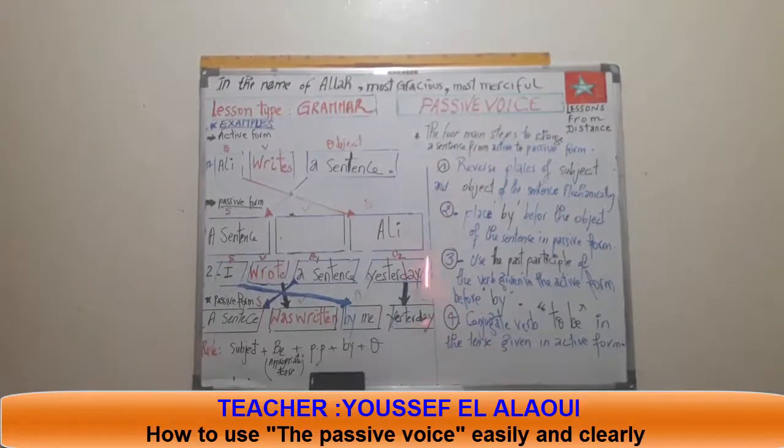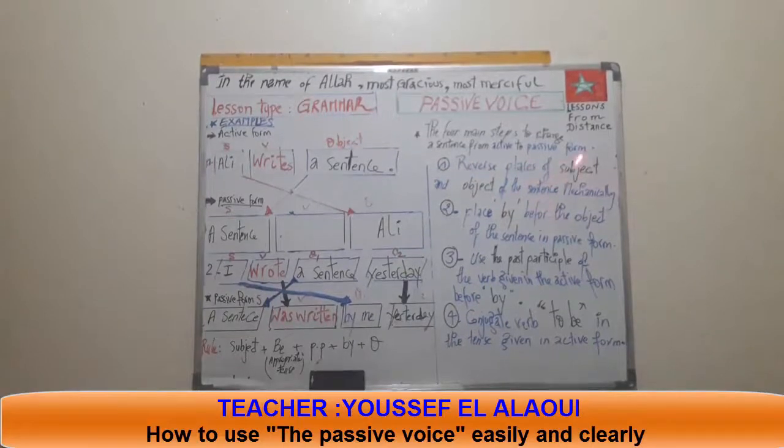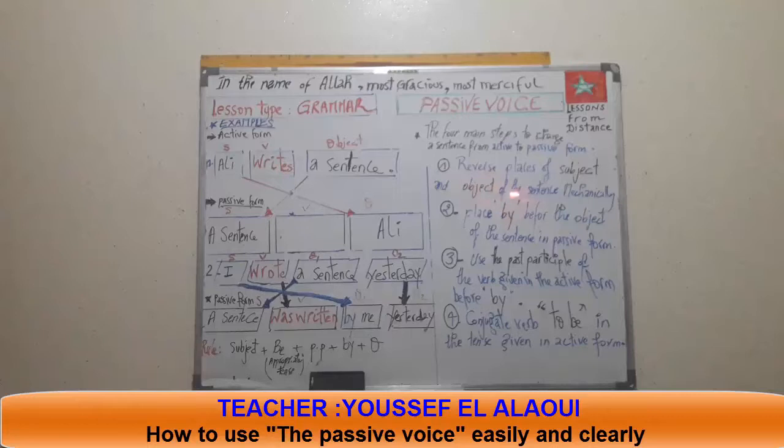These are the steps. Let's go over these steps. First step is this: reverse places of subject and object of the sentence mechanically.